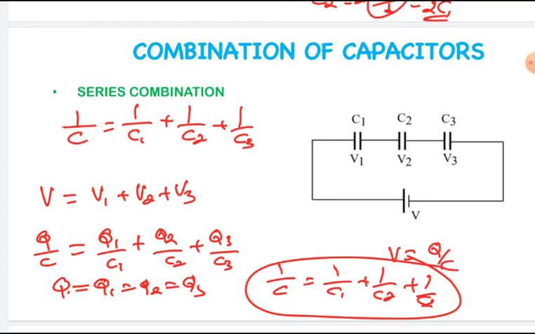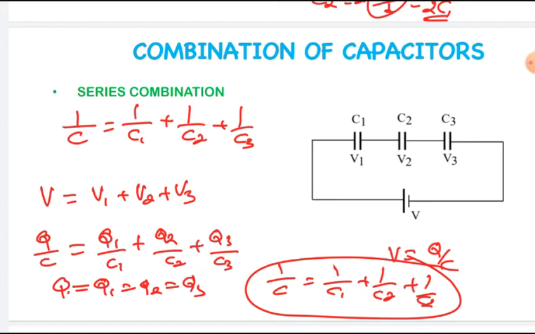A few minutes ago I said that Q is equal to CV. So what would V be here? We have to calculate V. So Q is equal to CV and Q by C is equal to V. V can be written as V is equal to V1 plus V2 plus V3. So V1 is Q1 by C1, Q2 by C2, Q3 by C3.